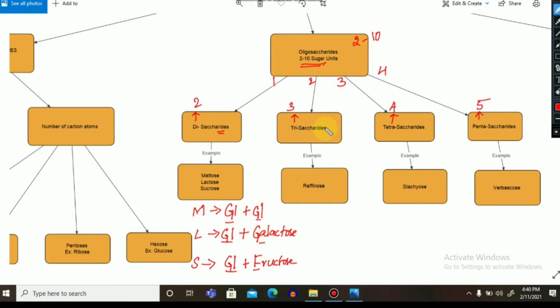Now coming to trisaccharides, I have taken the example as raffinose. So this raffinose will be made up of three sugar units, that is galactose plus glucose plus fructose.